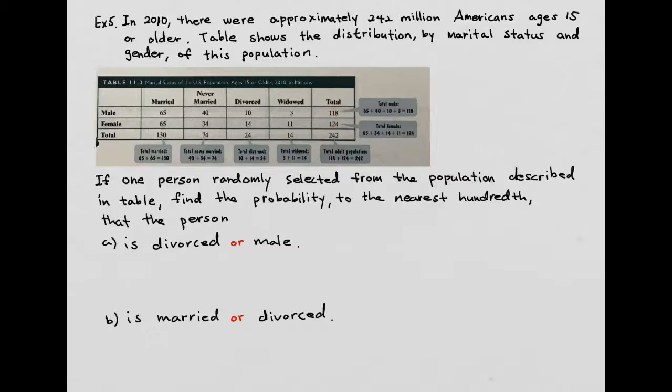So let's write this down. In order to find the probability of divorce or male, we need to find the probability of divorce plus the probability of male.